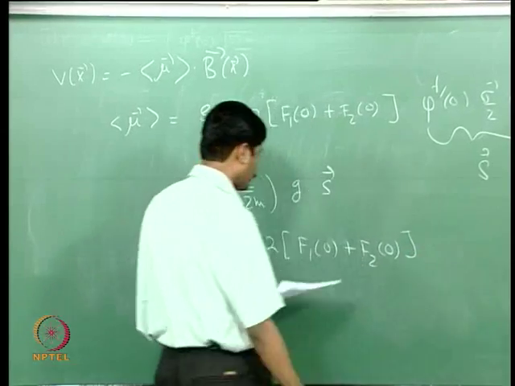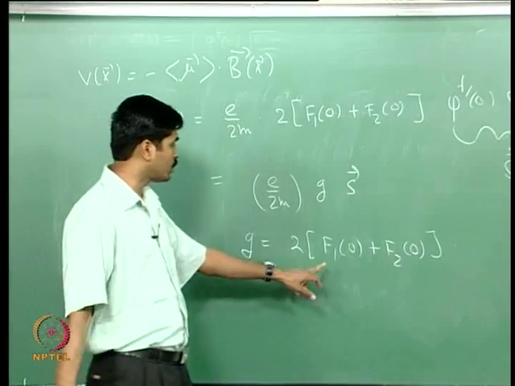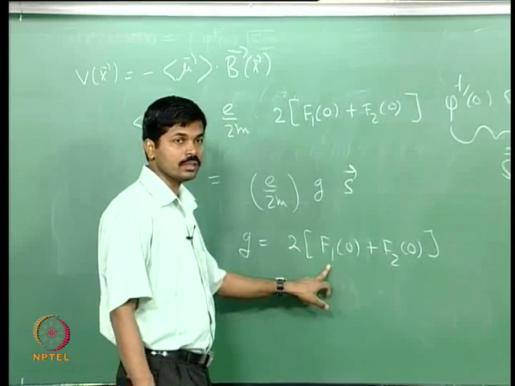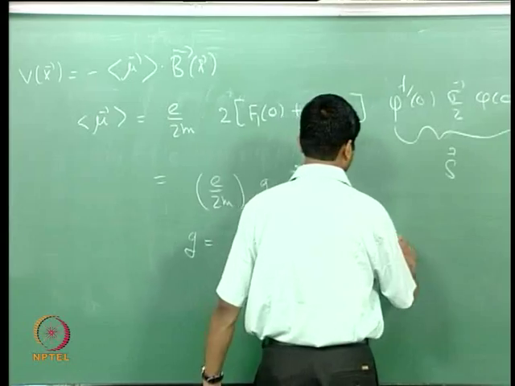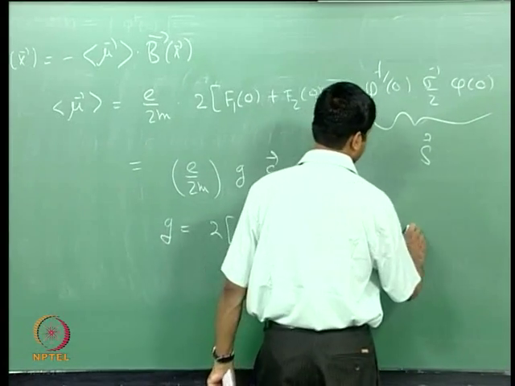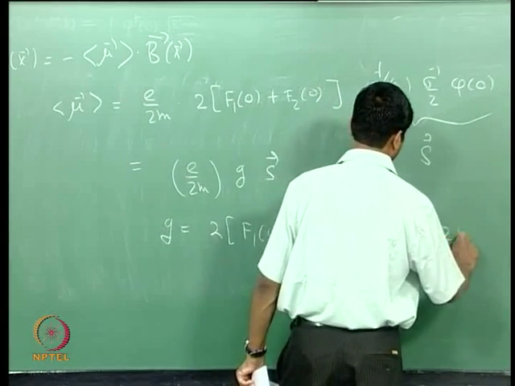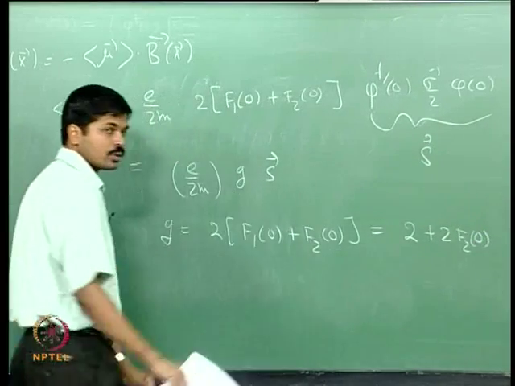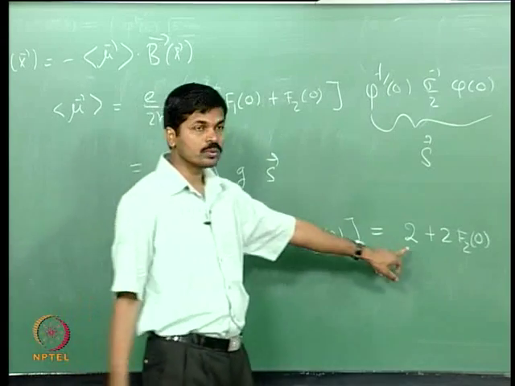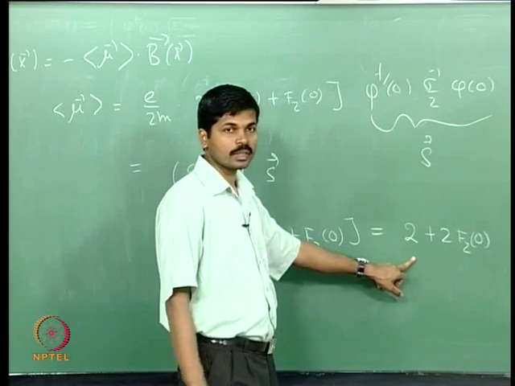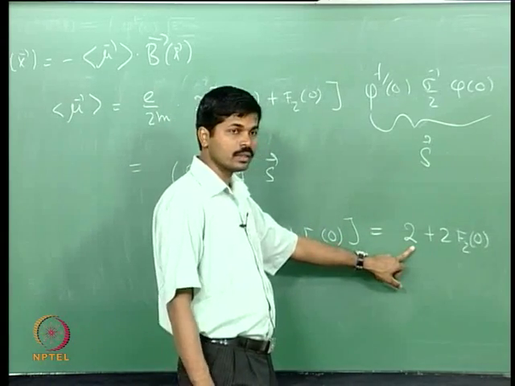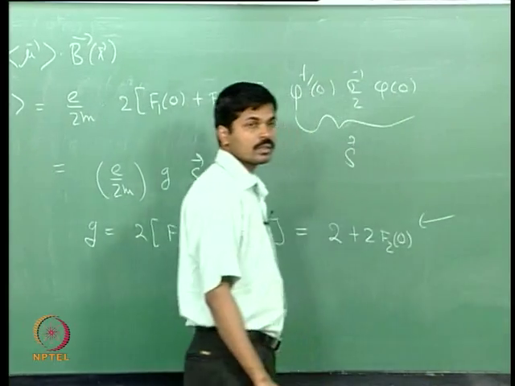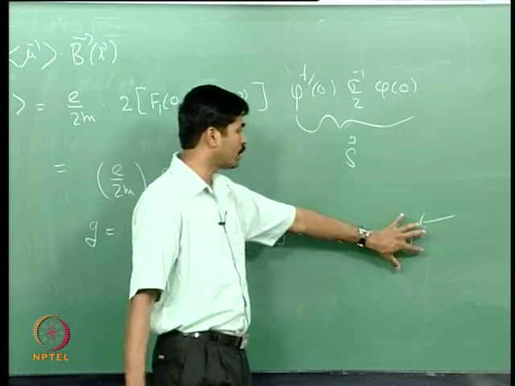We have already argued in the last lecture that this f1 of 0 will not receive any correction. So f1 of 0 I will just set as 1 plus f2 of 0. So to leading order G equals 2, which is what is predicted by Dirac's theory, and f2 of 0 is something which quantum field theory will give us.